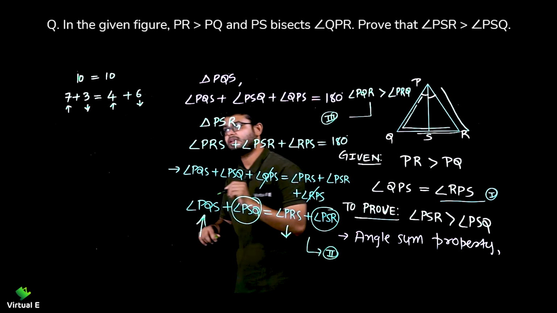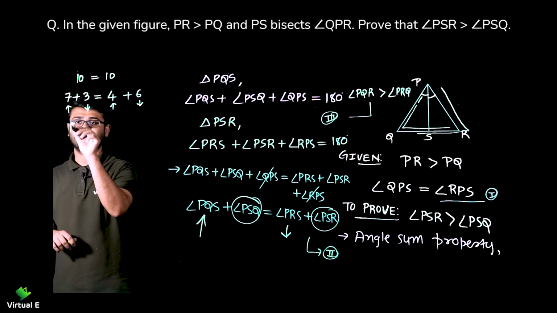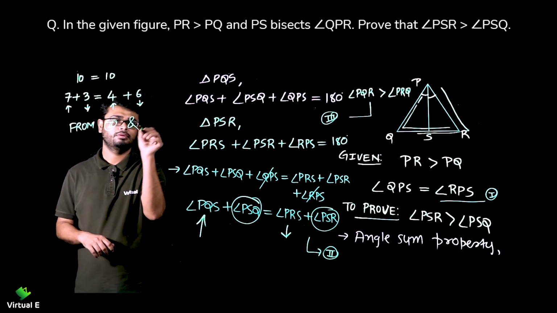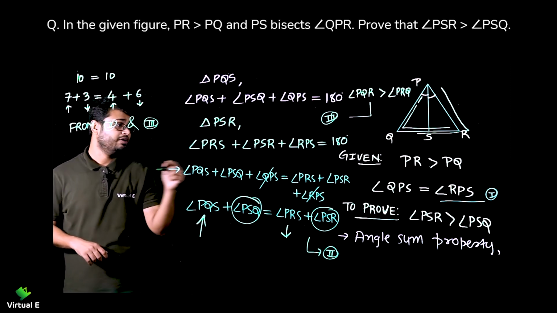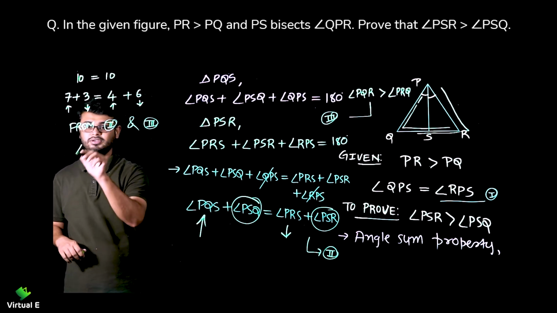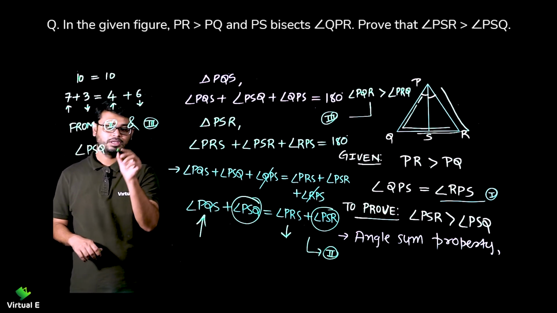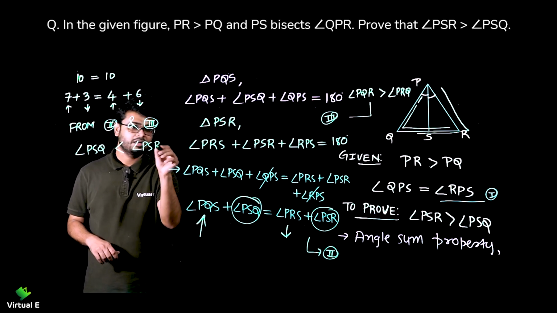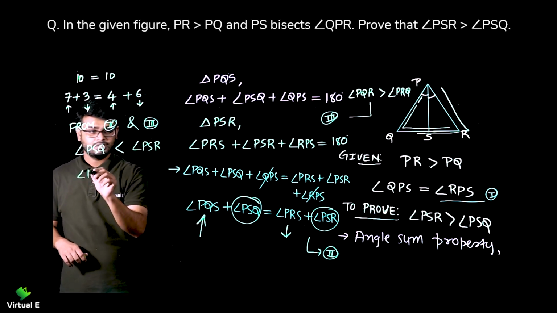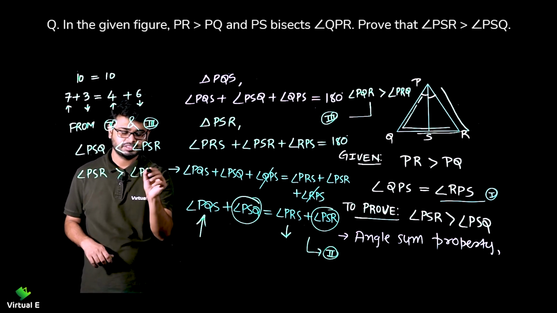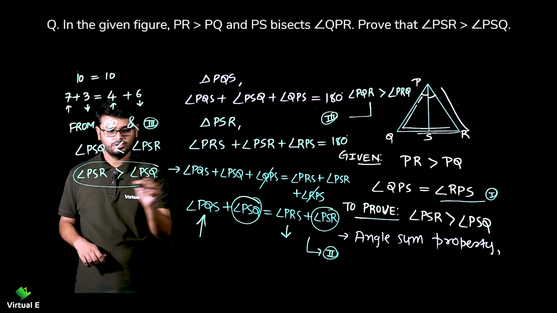From 2 and 3 we can write whatever we wanted to prove, that angle PSQ is smaller than angle PSR. You can write in the reverse way, that angle PSR is greater than angle PSQ. This is what we wanted to prove.